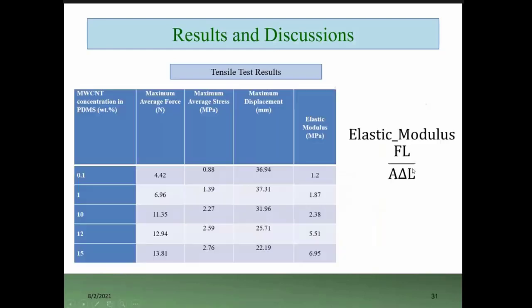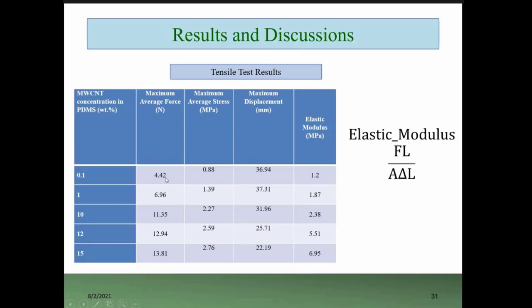Now, from the elastic modulus formula, we can see that the elastic modulus basically depends on the force, length, cross-sectional area, and the change in length. Now, for identical samples, the length and cross-sectional area are the same. So, elastic modulus basically depends on the maximum force and the displacement.